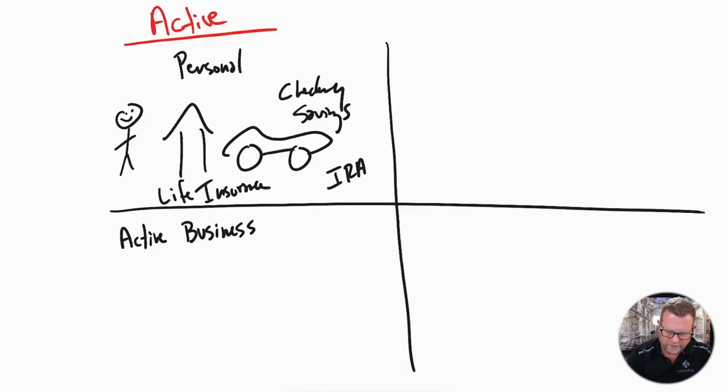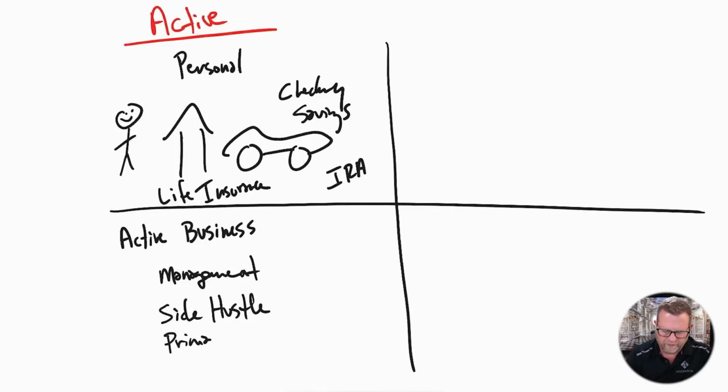For example, you may have your management entity if you have significant holdings. You may have your side business, side hustle. You may be a consultant, so your primary biz, whatever it is, it's yours. You're the one doing the activity. Then you're sitting over here on the active business side.